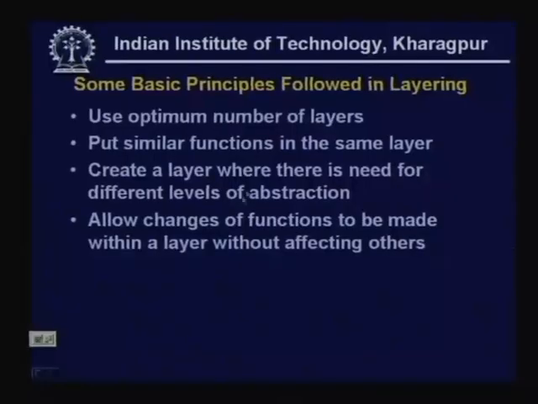That means the topmost layer has the highest level of abstraction, and as we go down the layers, it gets more and more refined, more and more defined, and then at the lowermost layer it becomes easy to implement. That means the higher layer will have a higher level of abstraction, and the lower layers will have a lower level of abstraction.